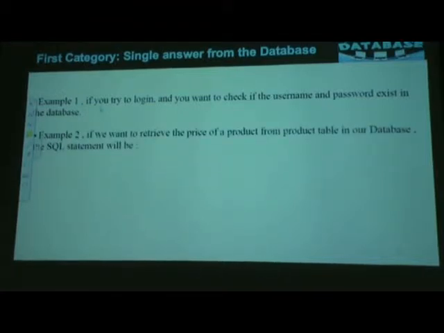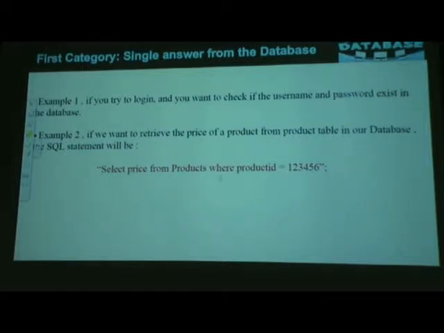Now the first category: when we try to get one single answer from the database. If you try to log in and you want to check if the username and password exist in the database, this is when we need a single answer. The answer will be yes or no, so one answer. Another example: if we want to retrieve the price of a product from the product table in our database, the SQL statement will be select price from product where product ID is, for example, 1, 2, 3, 4, 5, 6.